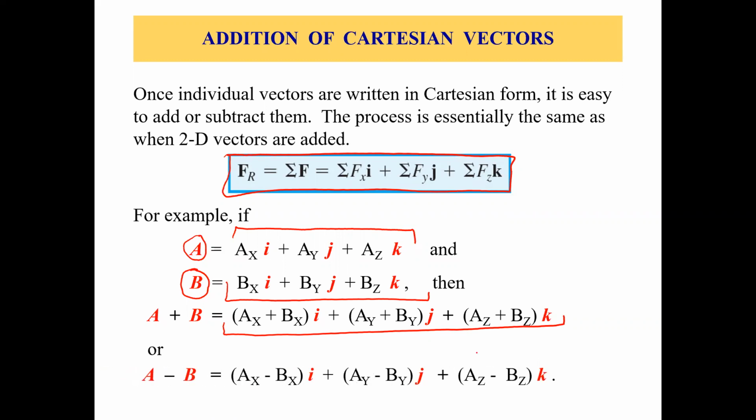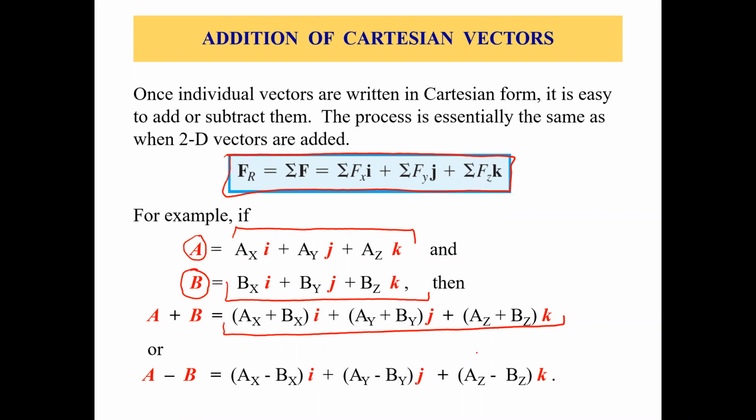Or we can subtract these 2 vectors. We can do A minus B. So in that case, just subtract the components, right? So (ax minus bx) times i plus (ay minus by) times j plus (az minus bz) times k, right?